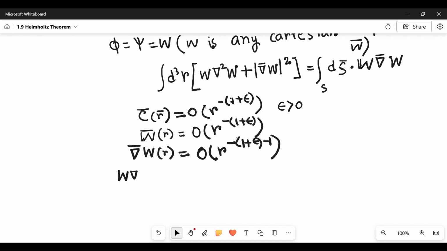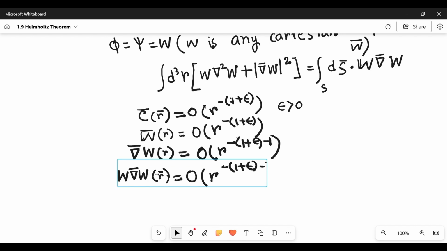So W times gradient W has to be of order R to the power minus 1 plus epsilon minus 1 minus 1 plus epsilon.